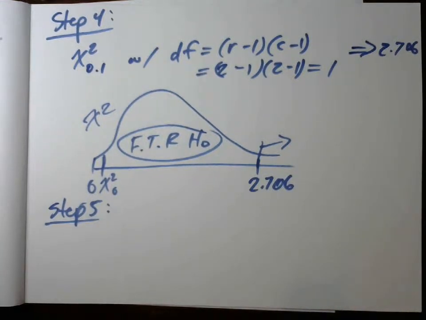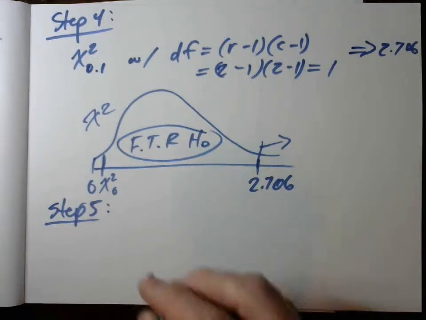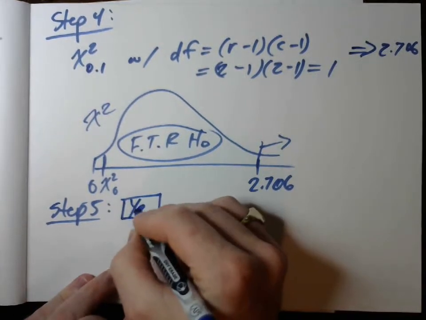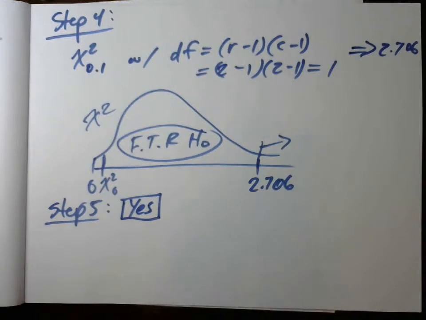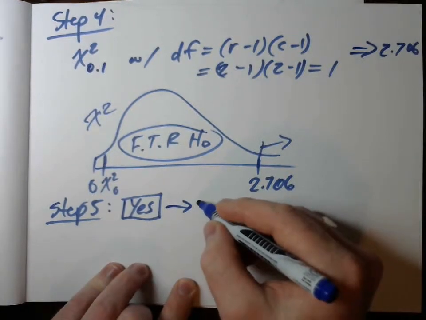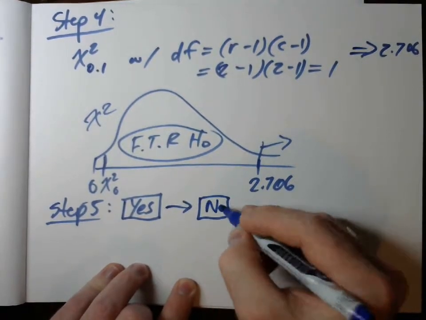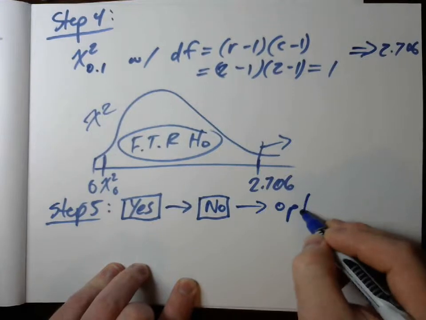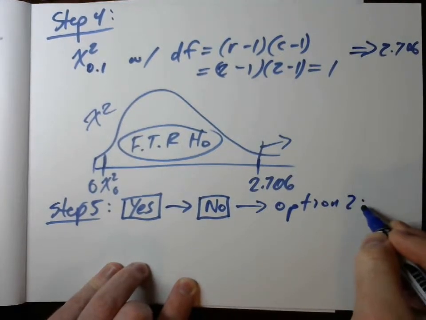Does the claim say that it is independent? As you can see, in part A, it says, test whether an individual's opinion regarding abortion is independent of gender. So the answer is yes. It does have the condition of equality, which is stating it is independent in the claim. Did we reject? No. So we're in option 2 of our flow chart, of our wording.